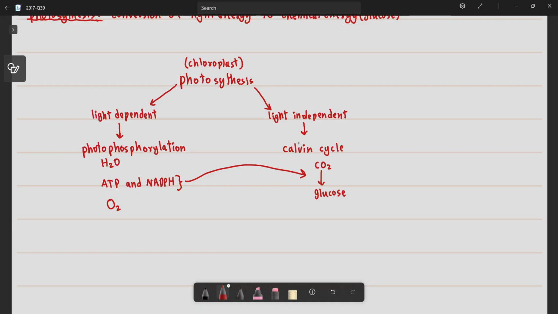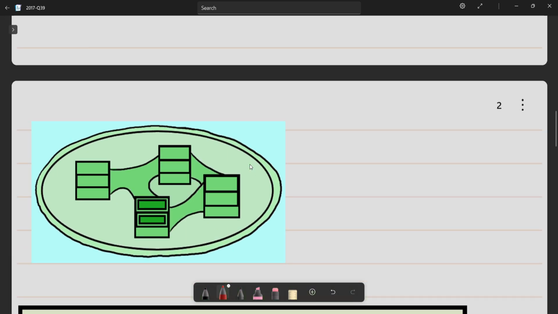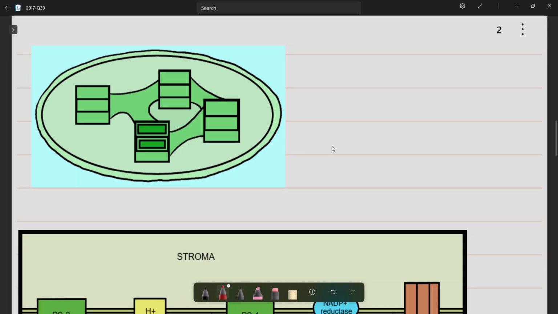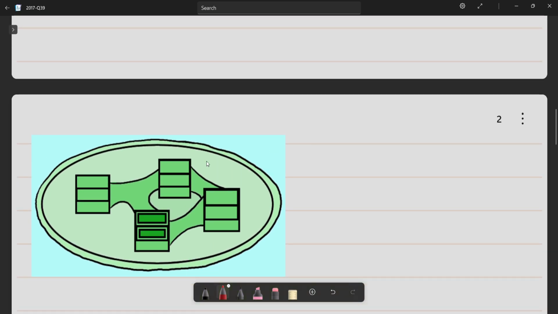So now I'm going to explain in further detail how these two processes are interconnected in sustaining the plant's life. Okay, so now moving on to this diagram. First of all, this diagram that I'm showing here is the diagram of a chloroplast.